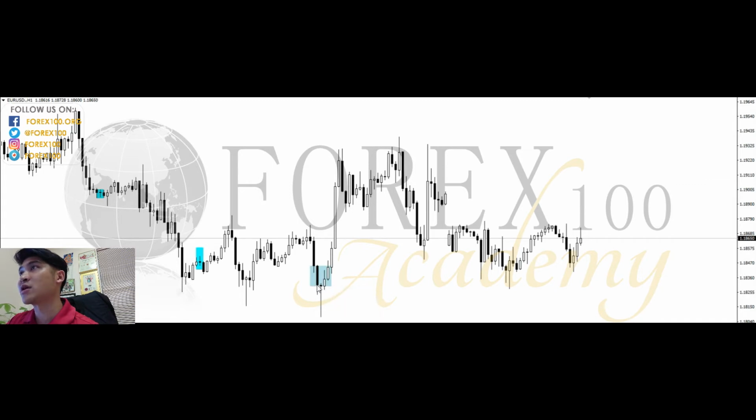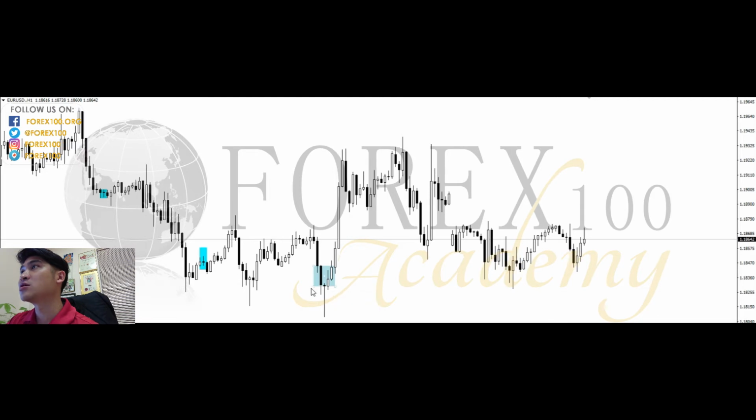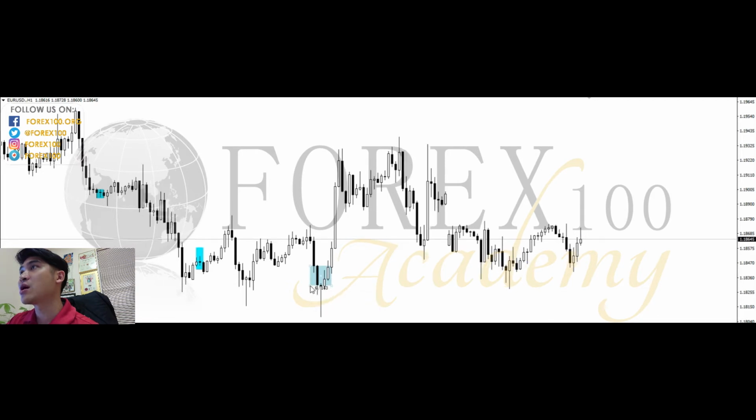Do take note, I'm ignoring the shadow of the candle before the reversal candle. So minimally it has to close 60% of it. If it's 50% by the second candle, it is an invalid signal.